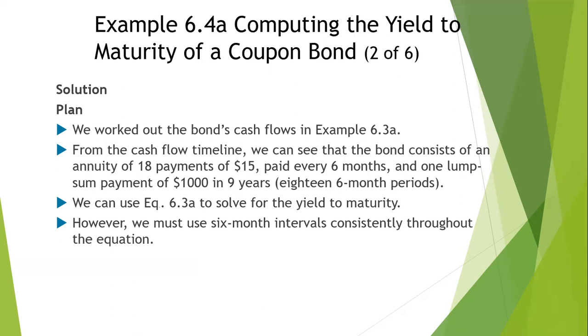Paid every 6 months, and one lump sum payment of $1,000 in 9 years, which equates to 18 6-month periods. We can use equation 6.3a to solve for the yield to maturity. However, we must use 6-month intervals consistently throughout the equation.